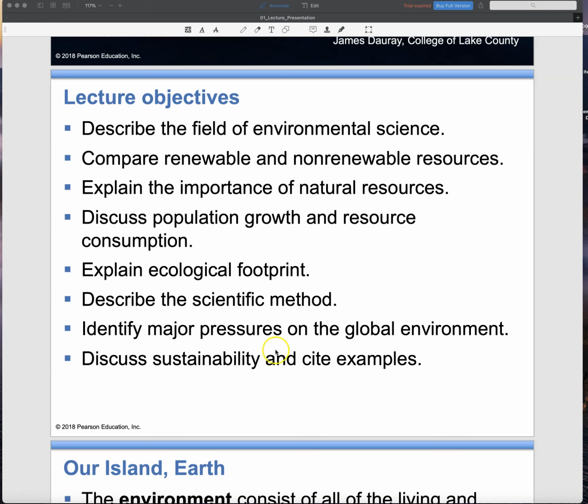Okay, in this slide you can see the objectives of this chapter. There is a list of them.